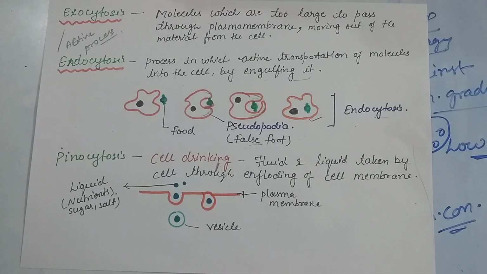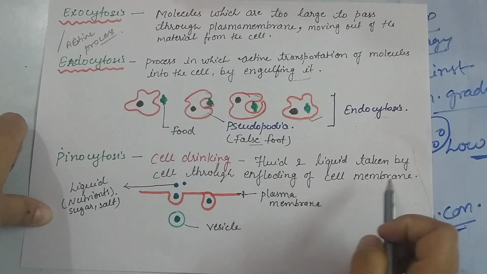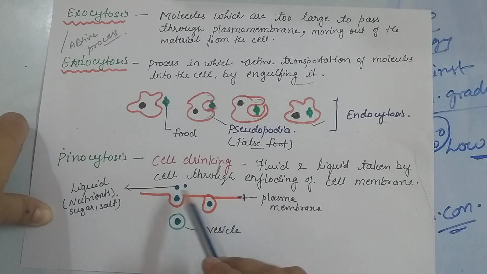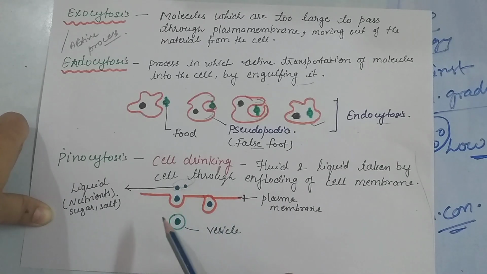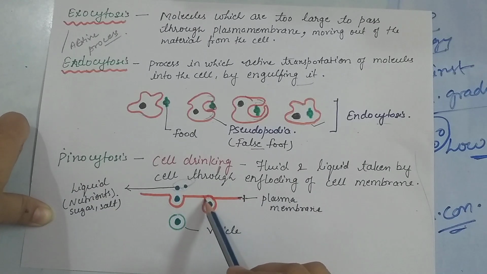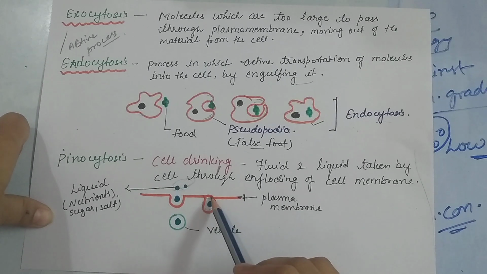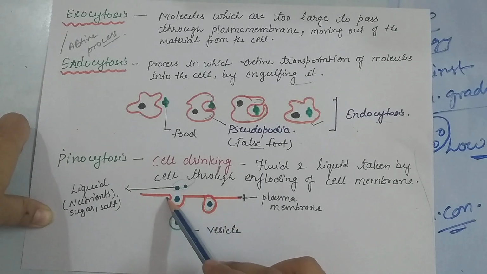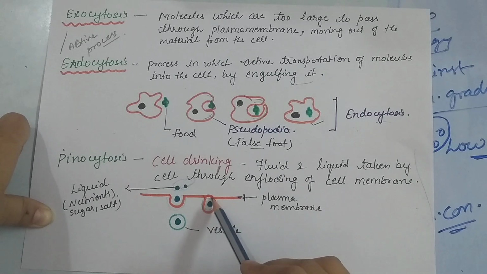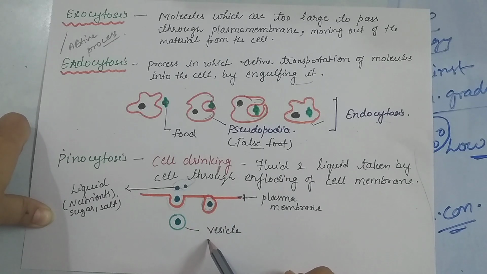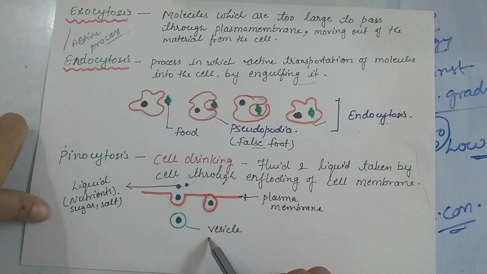Basically, the fluid or liquid is taken in by the cell through the enfolding of the cell membrane. Here a fluid or liquid nutrient substance is present, and the plasma membrane enfolds itself and takes the liquid or nutrient substance inside the cell.